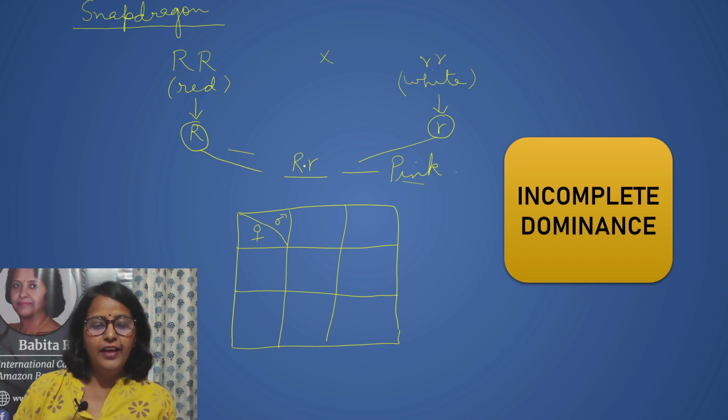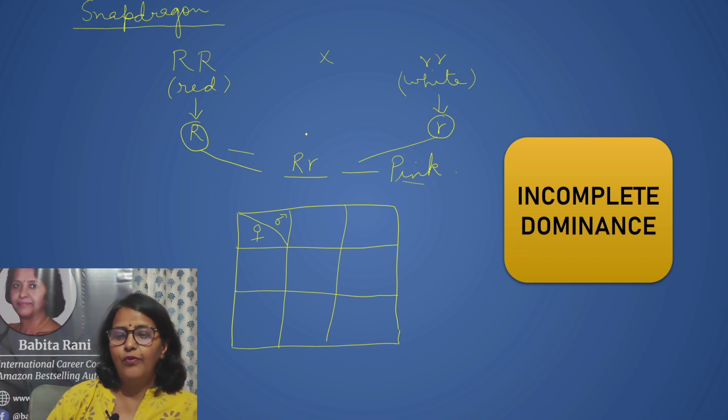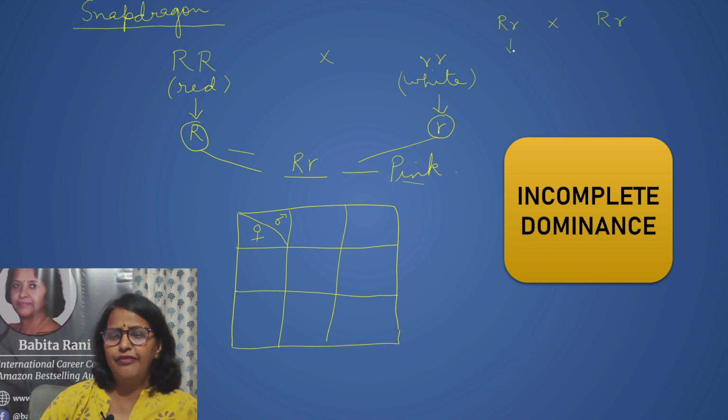Now, if we do selfing of this capital R and small r, what will happen? Capital R small r into capital R small r. Two different types of gametes will be formed, capital R and small r, because it is a heterozygous gene. According to the formula 2 to the power 1, we have two gametes.